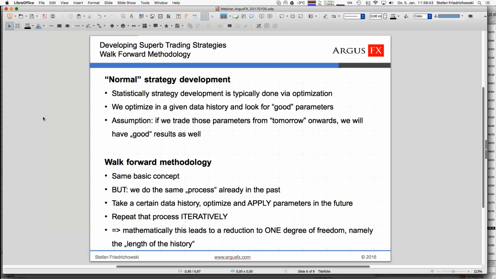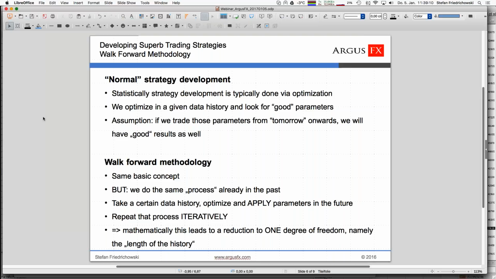And then we have optimized, we have changed some parameters of the strategies in order to find good values for them. And then, having done this, our assumption is that if we trade from tomorrow with those parameters, we will have good results as well. But that is an assumption.